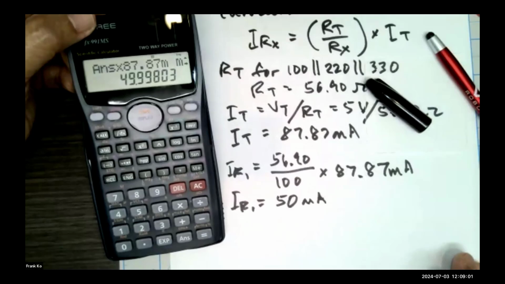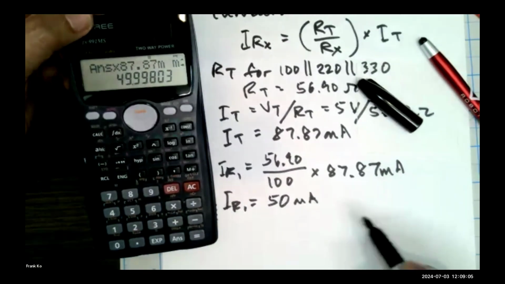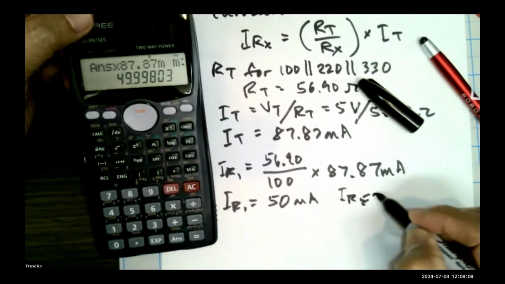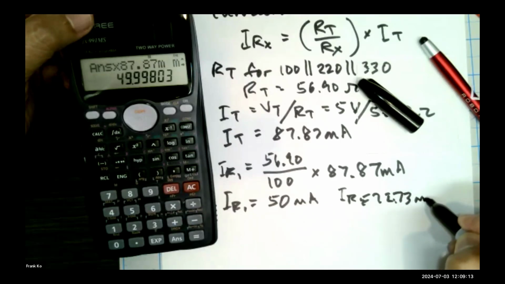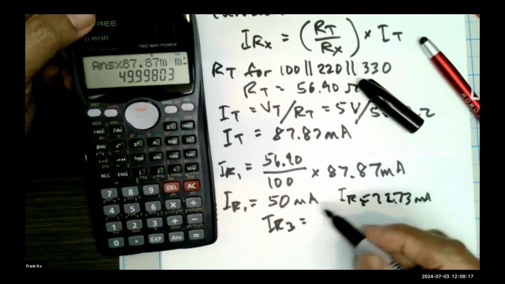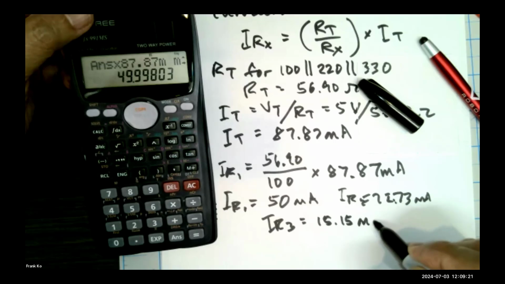So using the same technique, we should be able to verify the other currents of IR2 of 22.73 milliamps and IR3, which would be calculated as 15.15 milliamps.